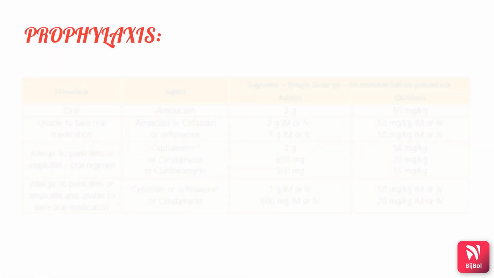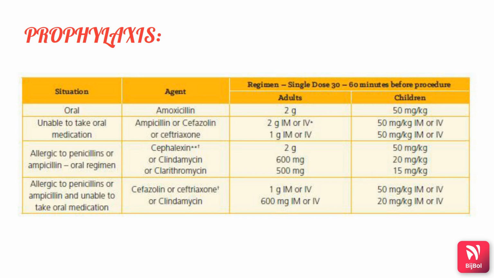Now let's come to the prophylaxis of infective endocarditis. Whenever a patient visits your dental clinic for a surgery, give a single dose of the following regimen 30 to 60 minutes before the surgery. Oral amoxicillin is the standard drug of choice for antibiotic prophylaxis for oral cavity procedures in adults at moderate to high risk of infective endocarditis.